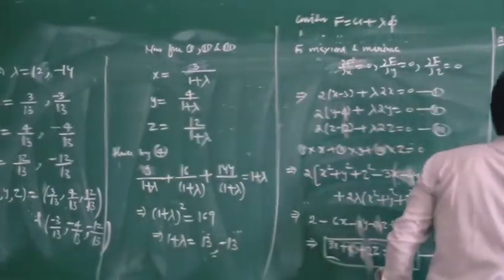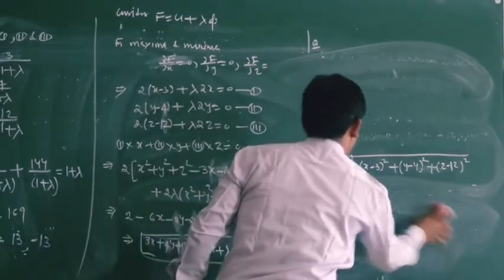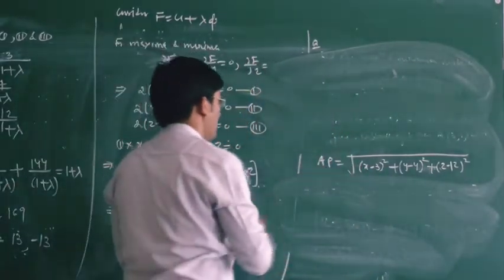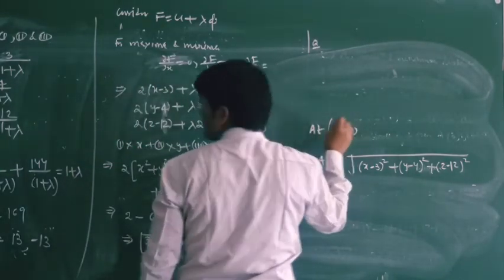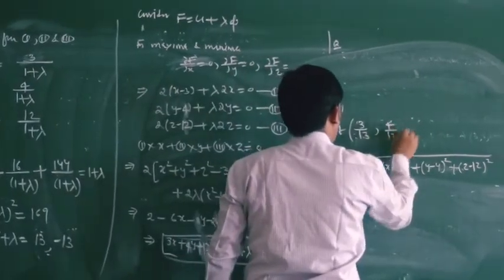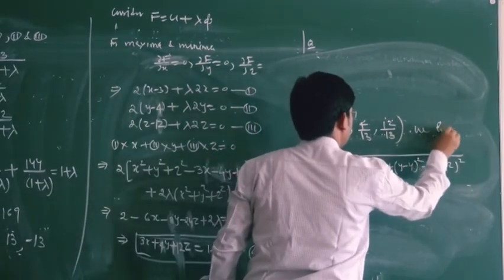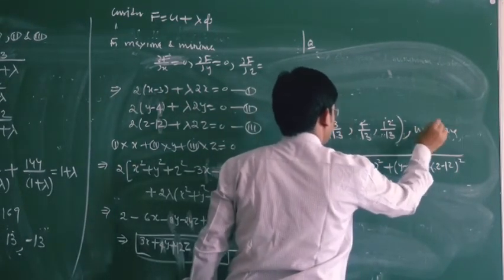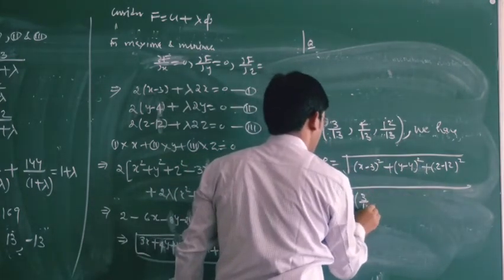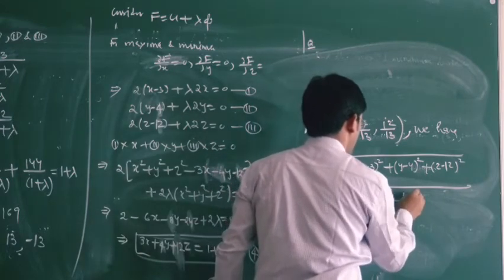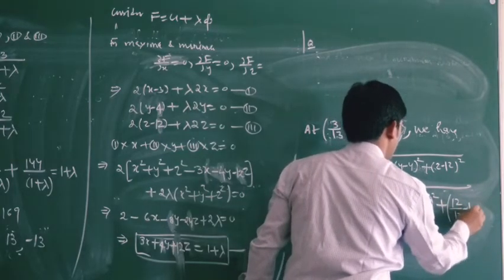So let us put the value of x, y, z in AP. Therefore at 3 upon 13, 4 upon 13 and 12 upon 13, we have AP equal to the square root of 3 upon 13 minus 3 whole square plus 4 upon 13 minus 4 whole square, then we will have 12 upon 13 minus 12 whole square.